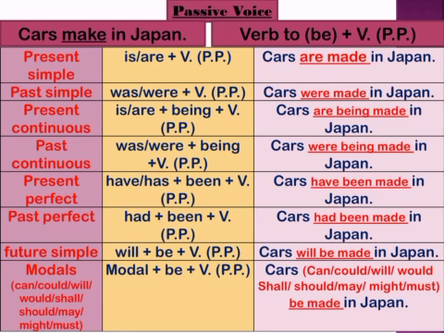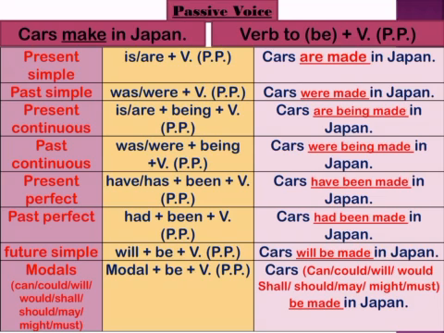But if we have the past perfect, we will use had been plus the past participle, so cars had been made in Japan. If I have the future simple, we will use will be plus the past participle, so cars will be made in Japan.